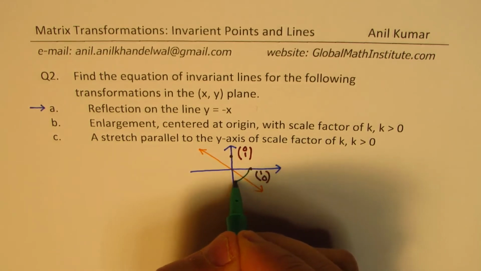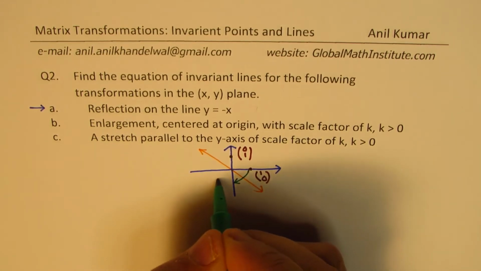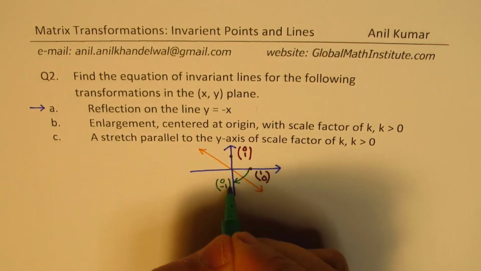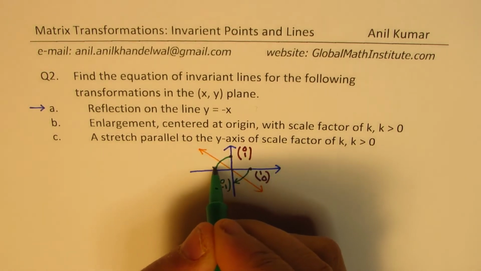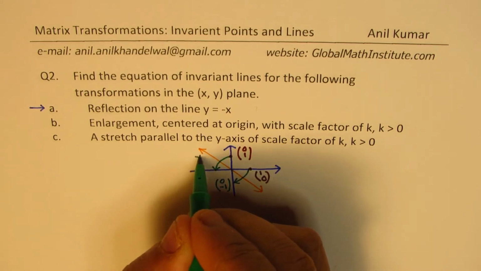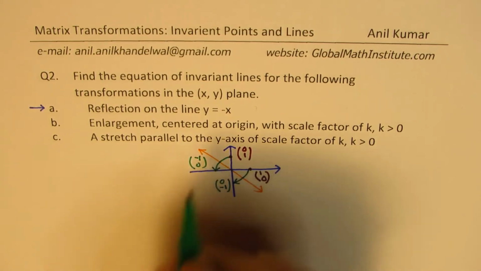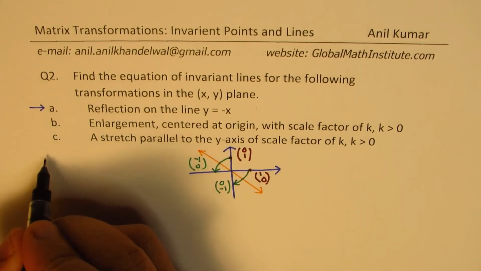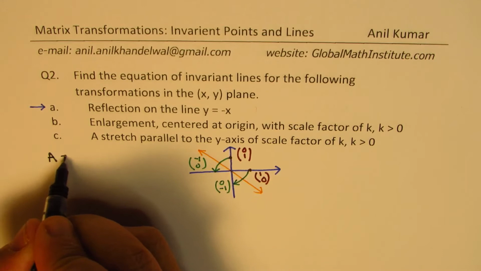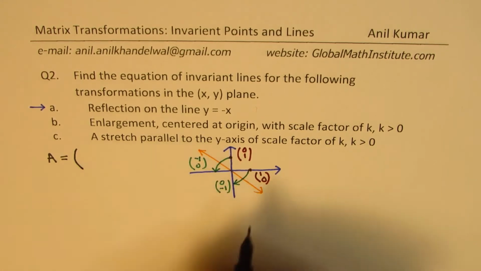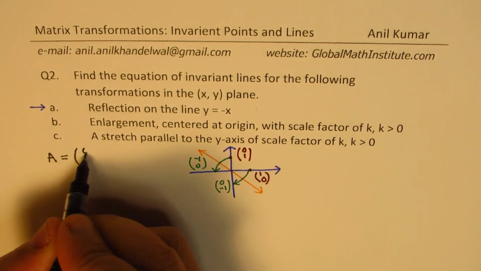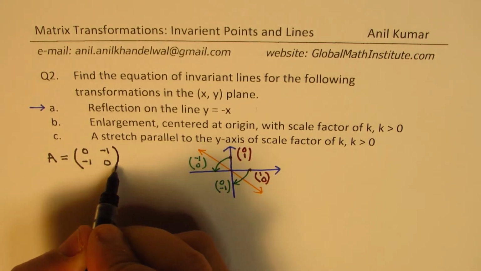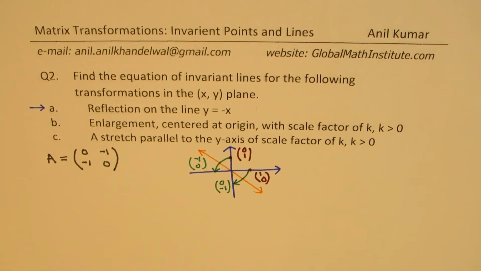This point gets reflected, and we get the image of this as 0, minus 1, and the image of the other point is minus 1, 0. And therefore, we can write down a transformation matrix. So in this case, let A be the transformation matrix. It can be defined as 0, minus 1, minus 1, 0. Correct? So that is how we get our transformation matrix.